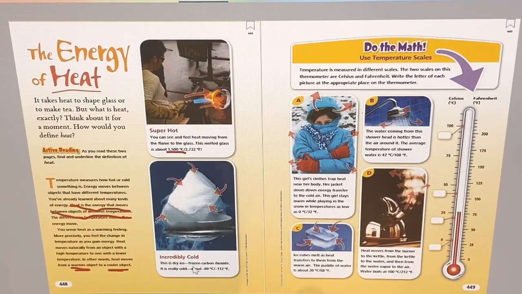Dry ice is frozen carbon dioxide and it's really cold. It's about minus 80 Celsius. Ooh, minus 80 Celsius, this is too much cold. So 1500 Celsius is really hot and minus 80 Celsius is really cold.